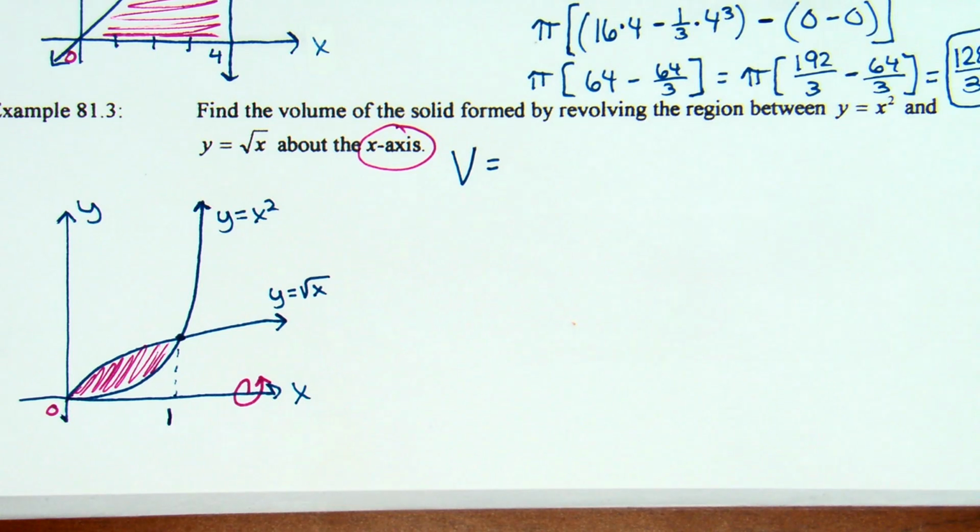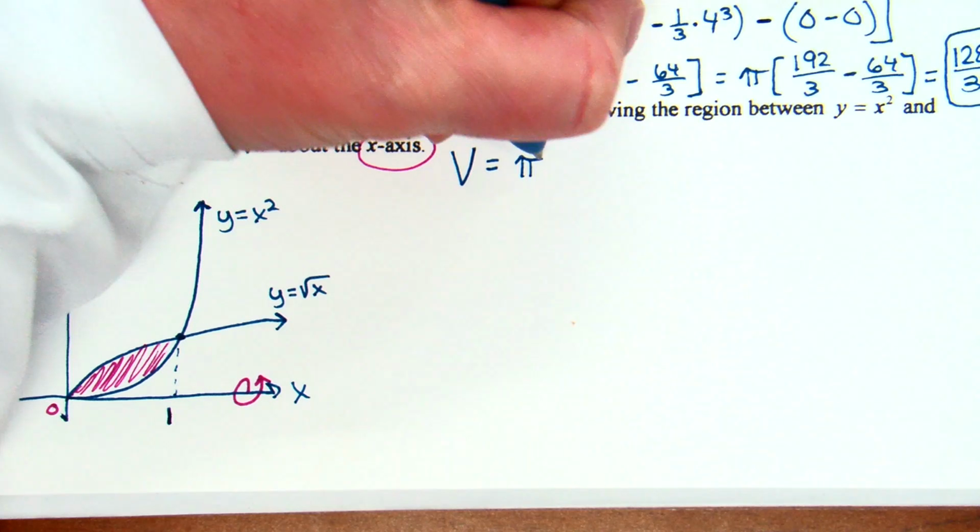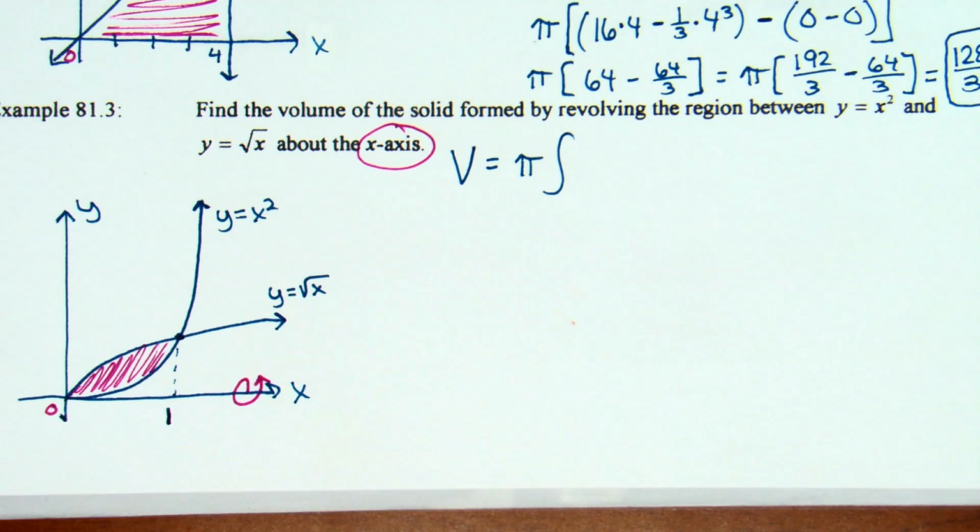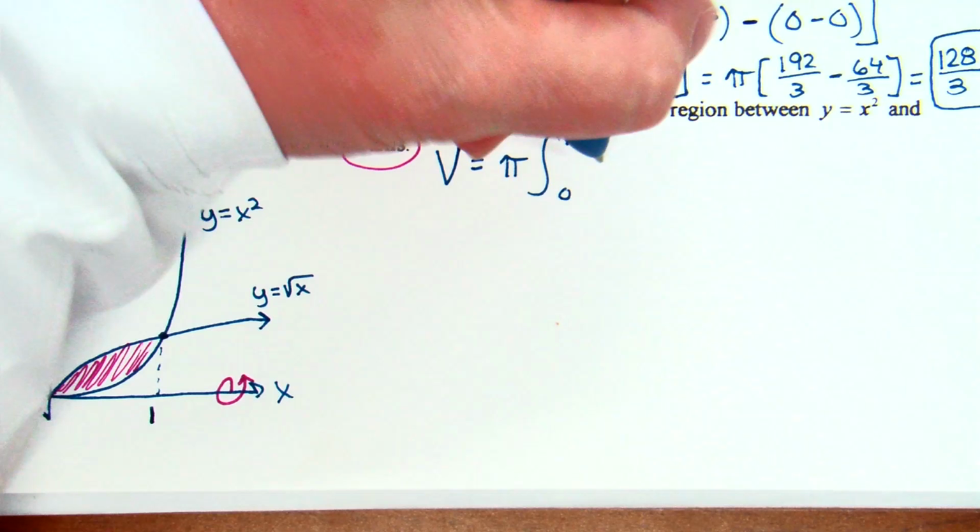Okay, so volume is, what do I start with? Pi times the integral from 0 to 1, these are x values this time, of big R squared minus little r squared.